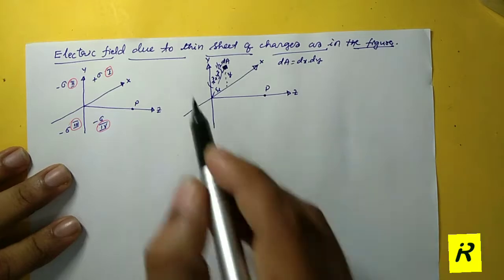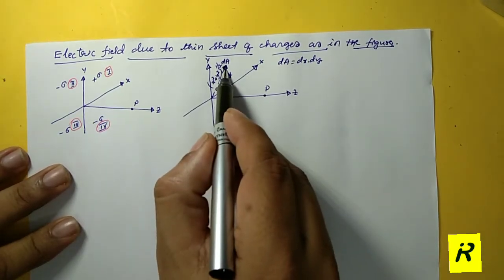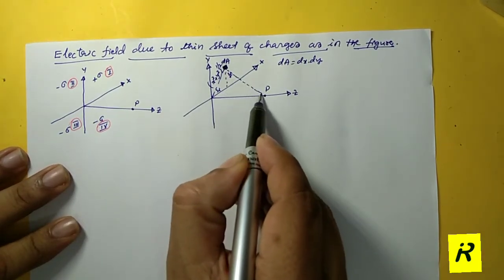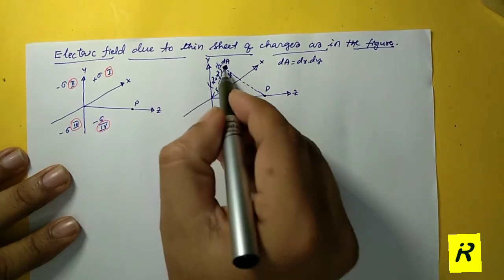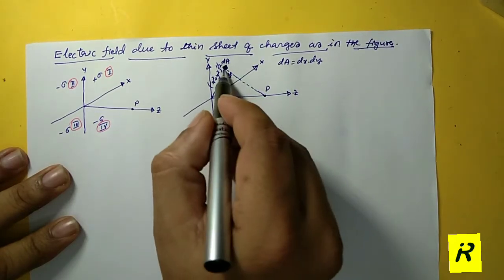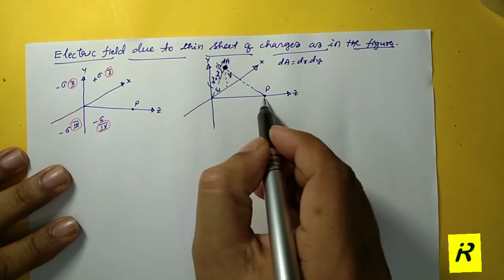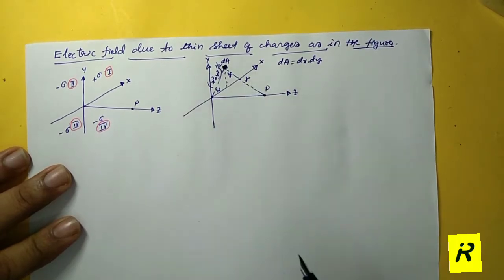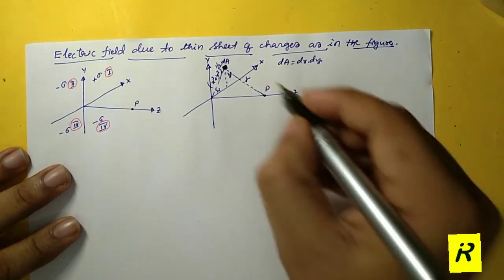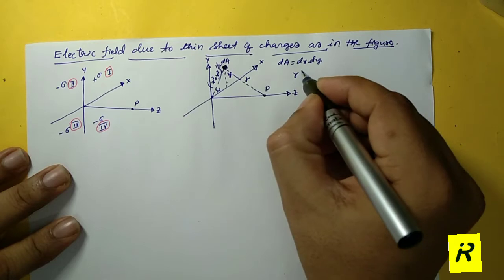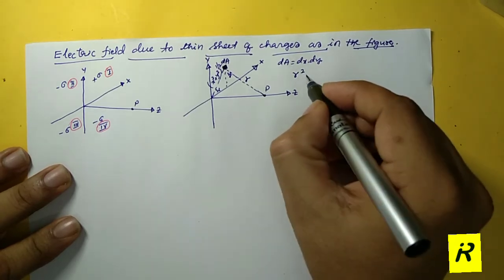Now I draw a line like this. The distance from this small area dA to point P I am calling R. That distance R can be calculated by the Pythagoras theorem.